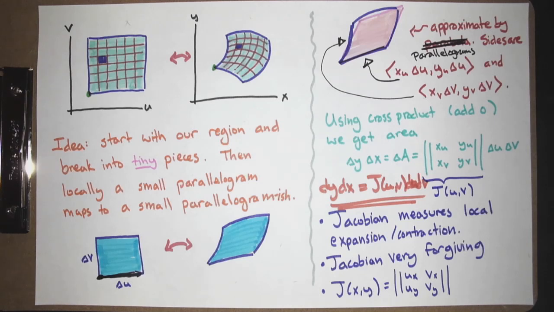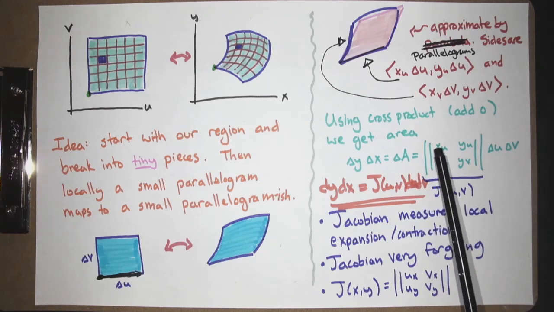Now, a couple of things. Always take the absolute value. And because you're always taking the absolute value, it turns out the Jacobian is very, very forgiving. It forgives a multitude of sins. Which is to say, if you forget which order things go in, you'll be fine.